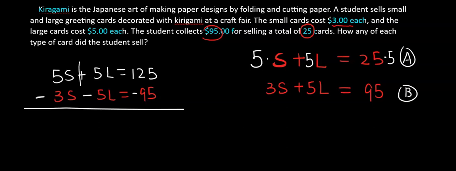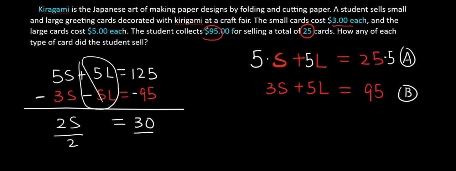We're going to cancel out these two because these two are opposite. Positive, negative, cancel it out. Then we have 5 minus 3, that's 2S equals 125 minus 95. That gives us 30.